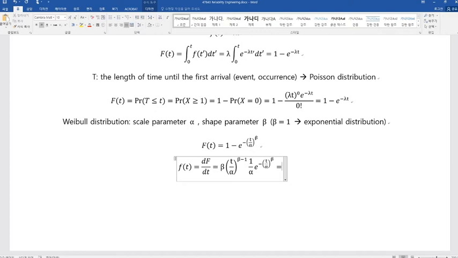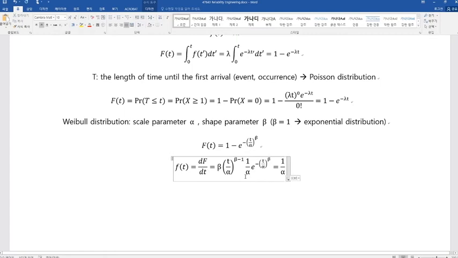So what we are going to have is, how many alphas do we have? Beta minus 1 plus 1.